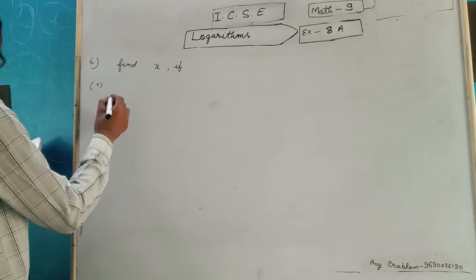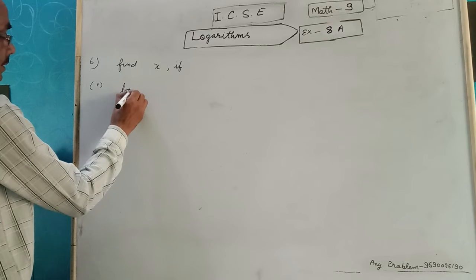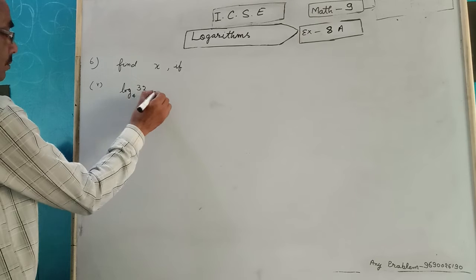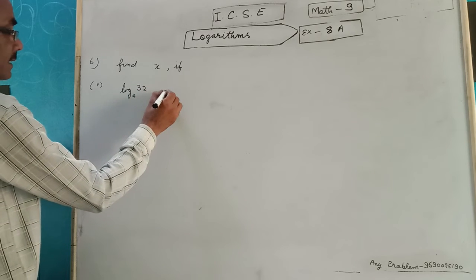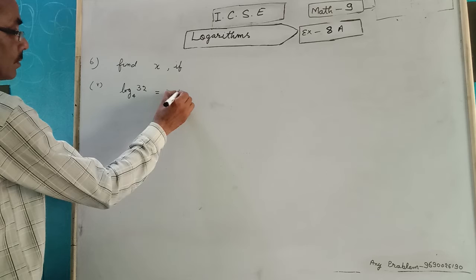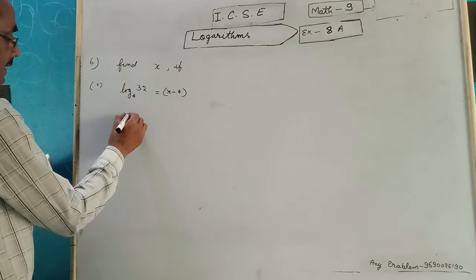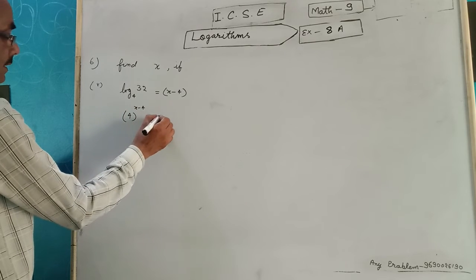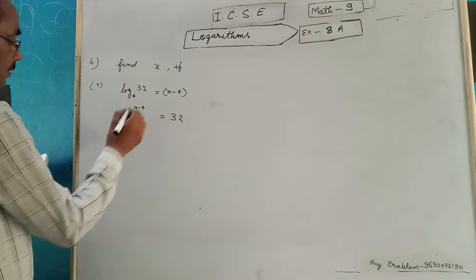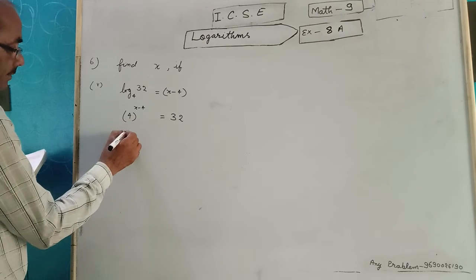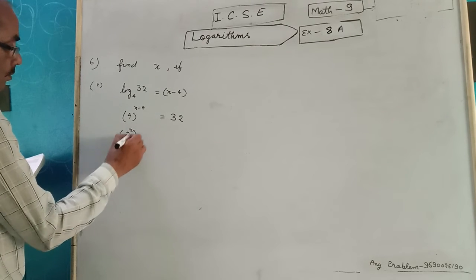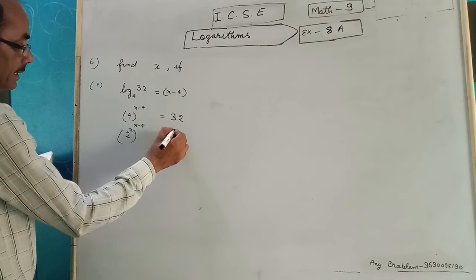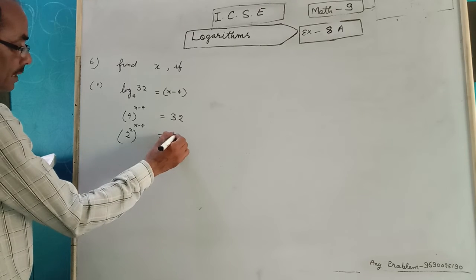Fifth part is log base 4, 32 is equal to x minus 4. Write the exponential form. 4 to the power x minus 4 is equal to 32. 4 write the 2 as power 2. Common power, x minus 4 it is same. 32 make the 2 as power 5.